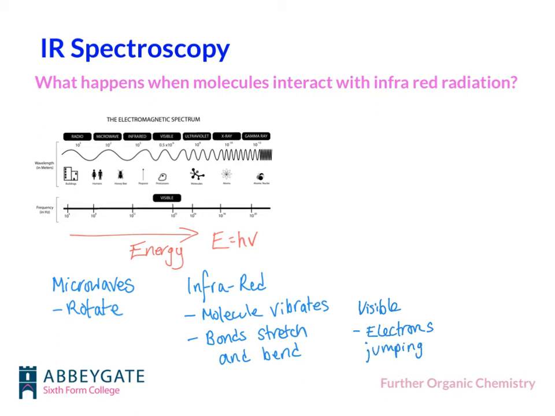So visible light causes electrons to jump. If we move into UV, then we can start to see, as we've seen when we've been doing photodissociation and free radical reactions, you actually start to get breaking of bonds and homolytic fission once you get into the high energy of UV light.